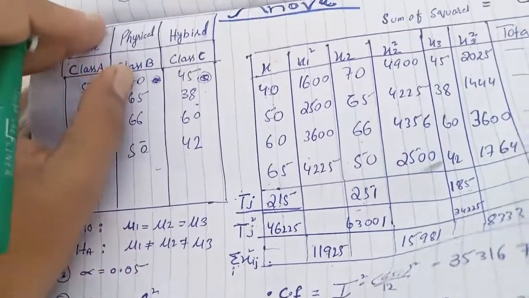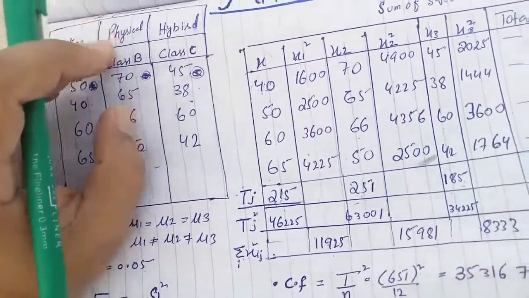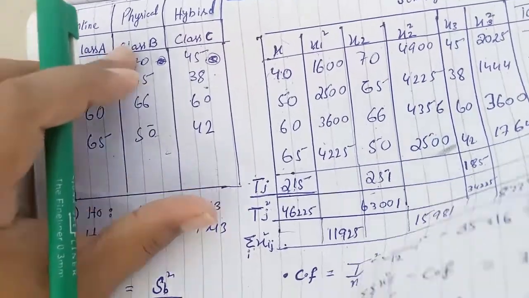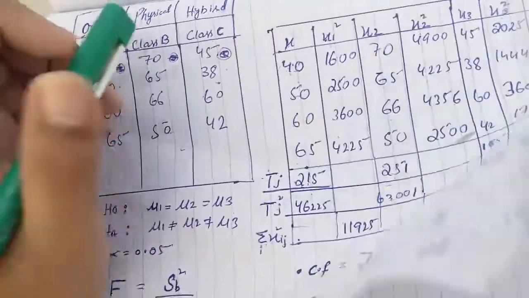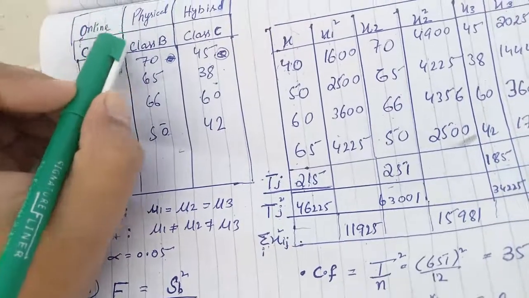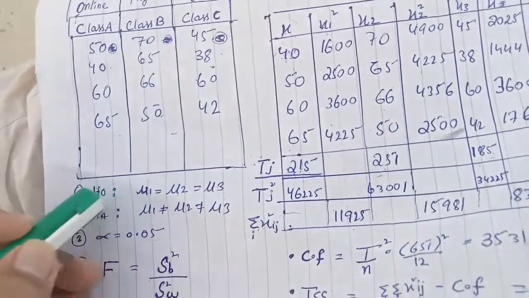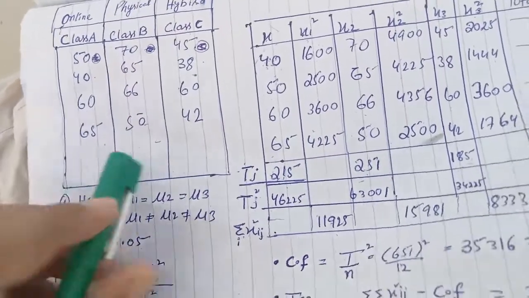So this means the class model does not affect the student marks, and there is no relation between the class models and the student marks. So that is what the null hypothesis is saying.